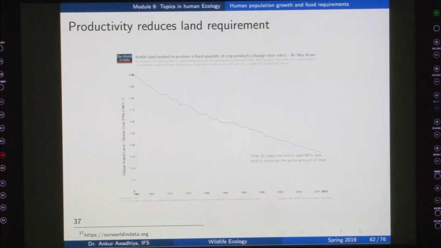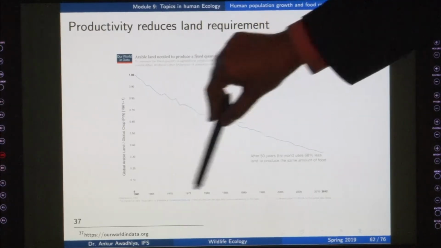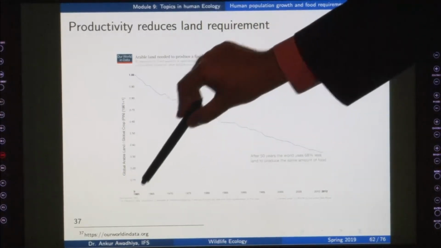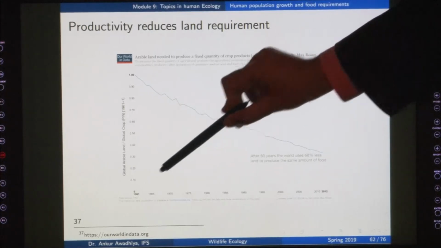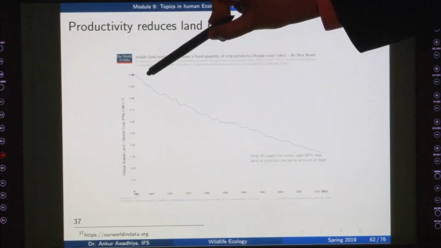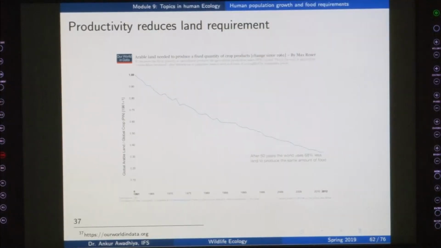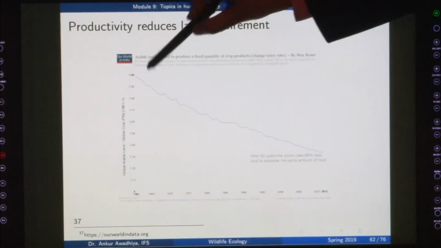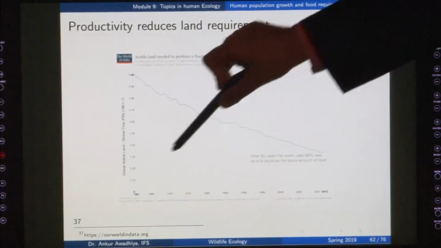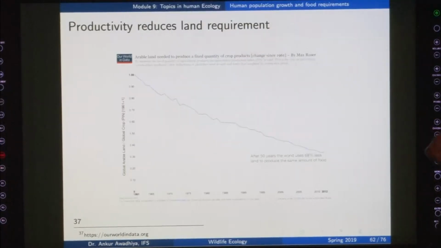Now, this curve is telling us that suppose on the x axis we have the years, from 1961 up to 2012, and in 1961 we required say 1 hectare of land for producing the amounts of crops that were required then. Because of the increase in productivity, these days we require not 1 hectare of land, but as low as say around 0.3 hectare of land.